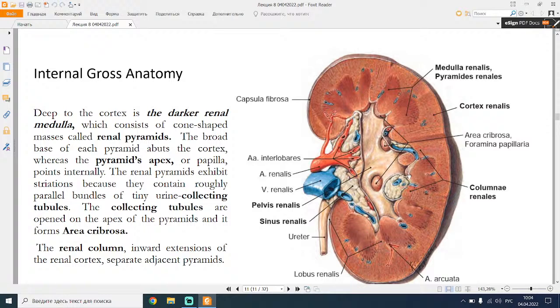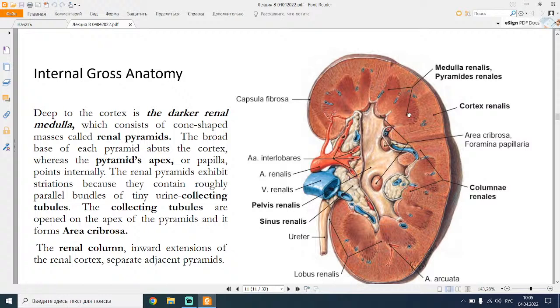The broad base of each pyramid abuts the cortex, whereas the pyramid apex or papilla points internally. Apex, what you see, apex.